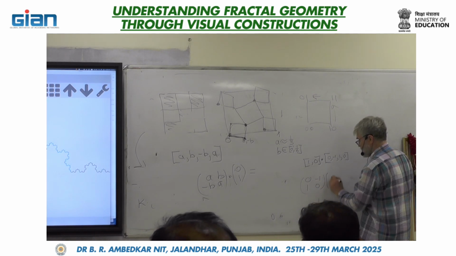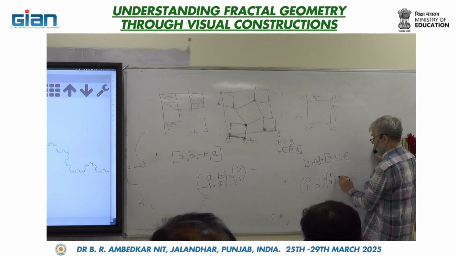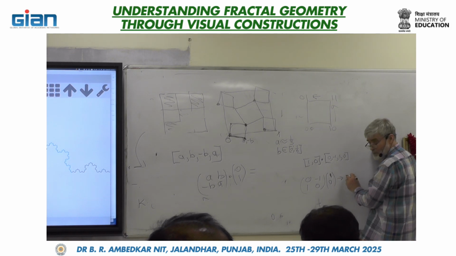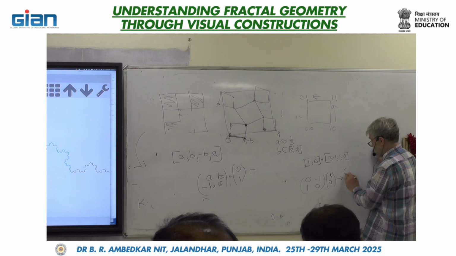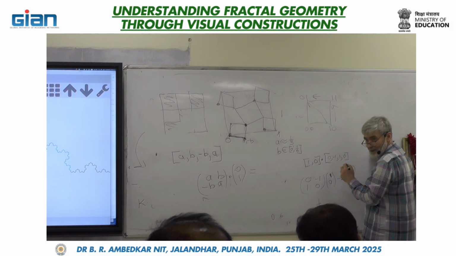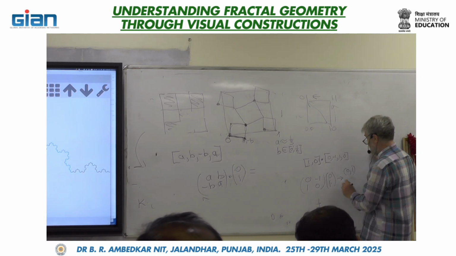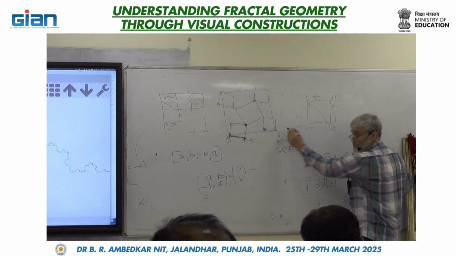It sends 0, 1, 1, 0 where? 1, 0 goes to which vector? 0, 1. Okay, it's true. Yes. And if we applied it to 0, 1, it goes to minus 1, 0.